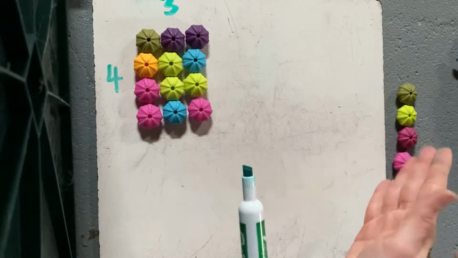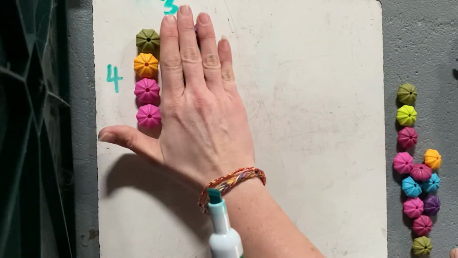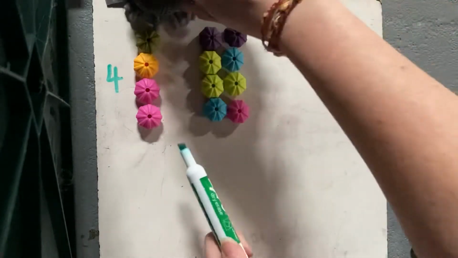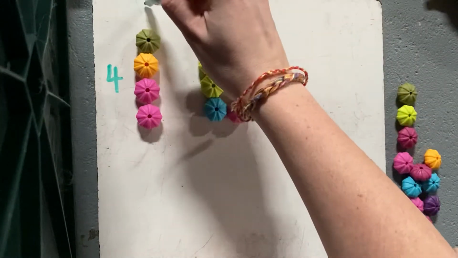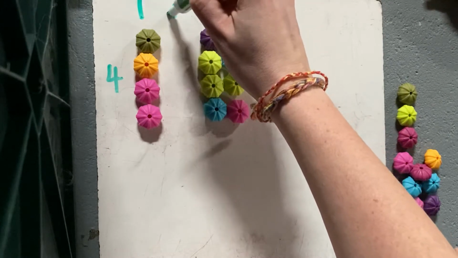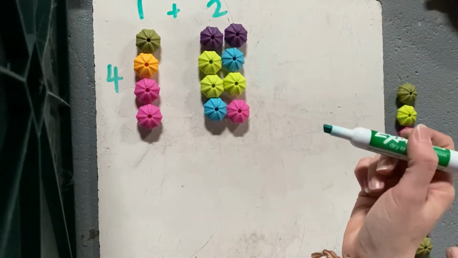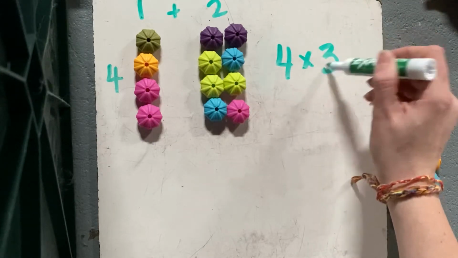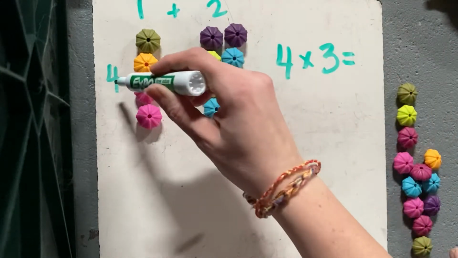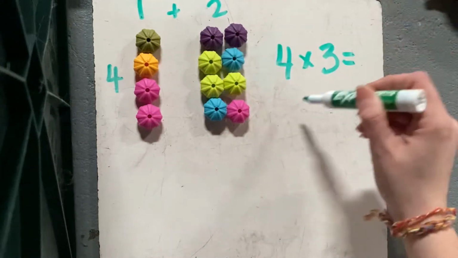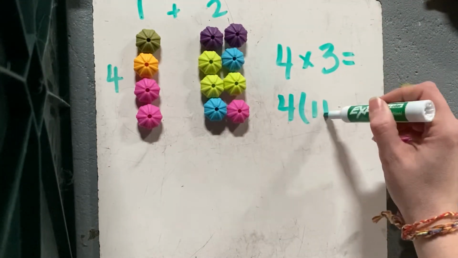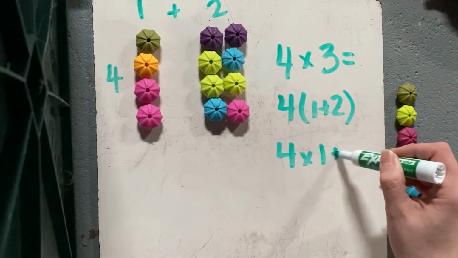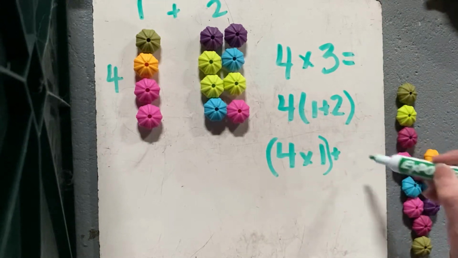The distributive property just states that if I separate that array, and instead of having a 4 by 3, I make it a 4 by 1 plus 2, we're still multiplying. Instead of it being 4 by 3, we're multiplying 4 times 1 and 4 times 2, or 4 times 1 plus 4 times 2.